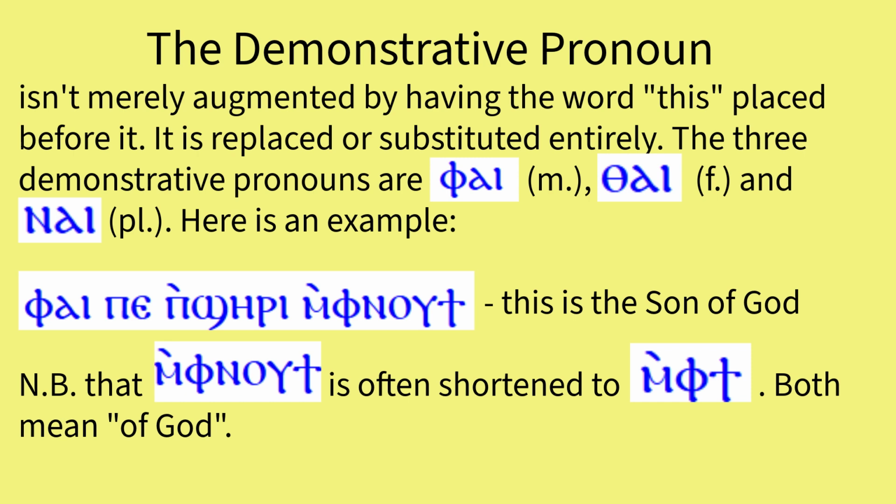Note well that ambenodi is often shortened to M with a jinkim, PH and TI. Both mean of God, that is both the full written word and the abbreviation, but we'll discuss abbreviations in another video.